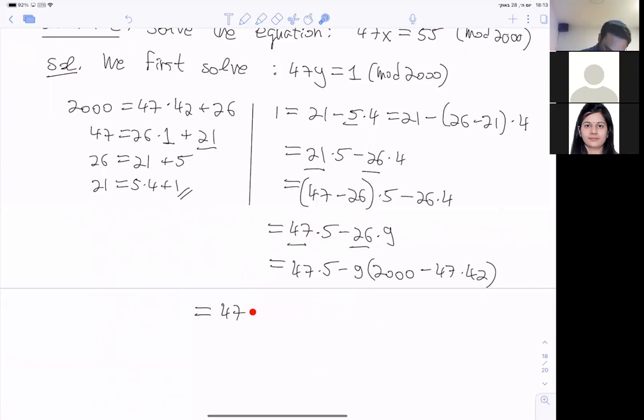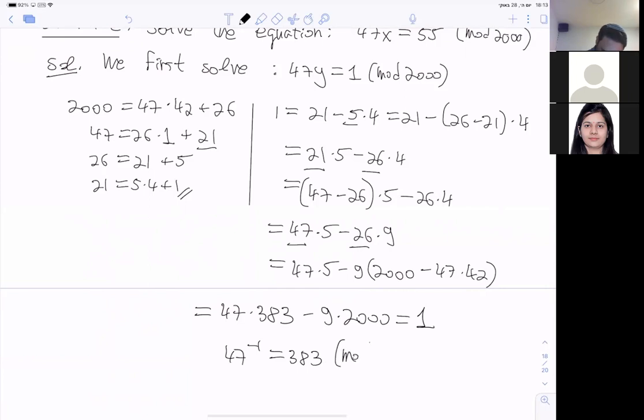So the inverse of 47 is this modulo 2000. Okay, because this is 0, so this is the inverse.